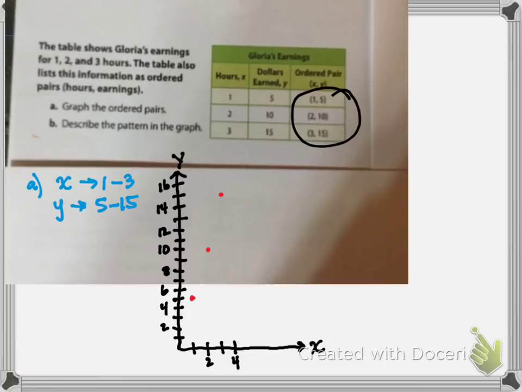So when we're describing in part B what's happening, we're going to be using some words, kind of like a frame like we've done before. So the first thing you're going to say is, the points appear to form a line.